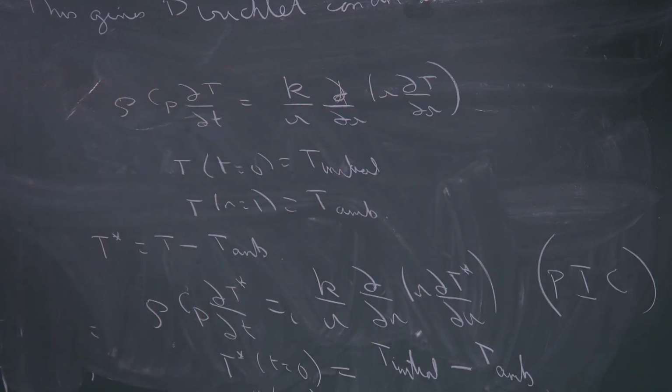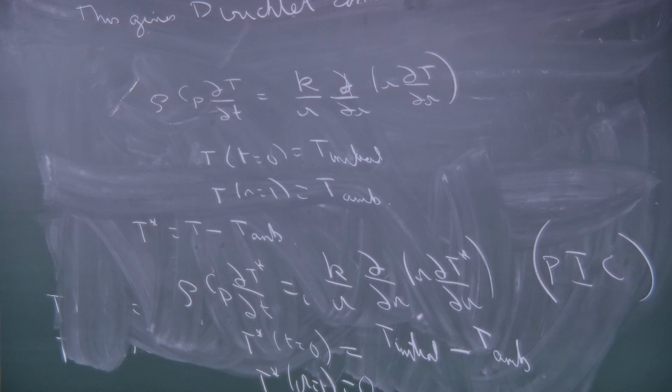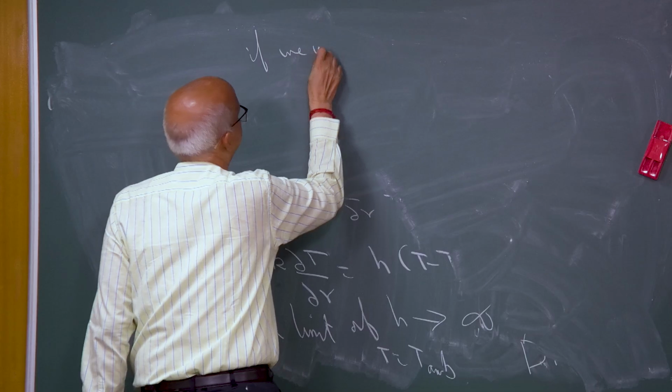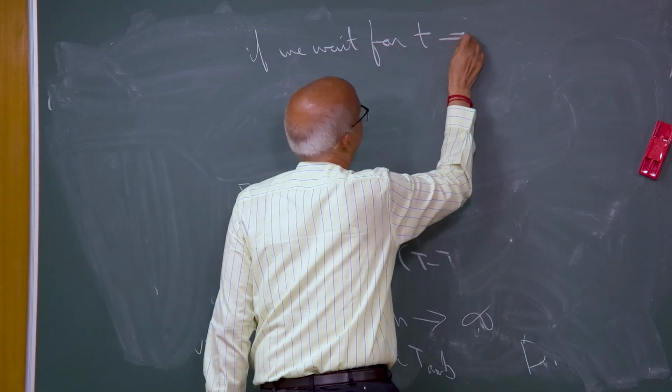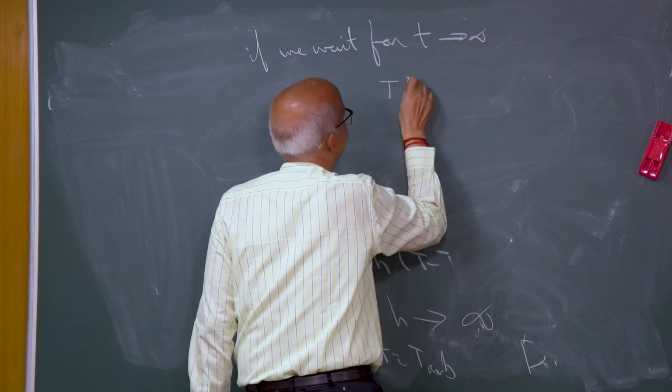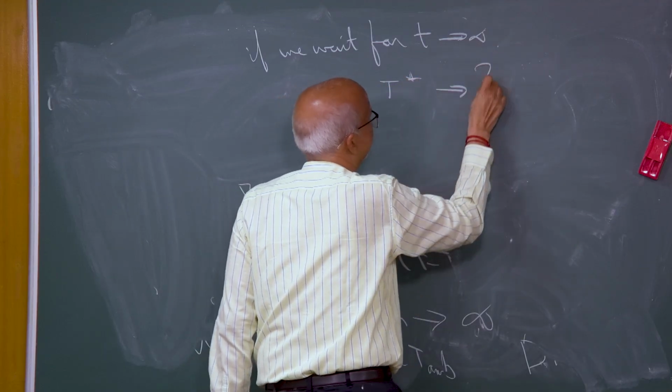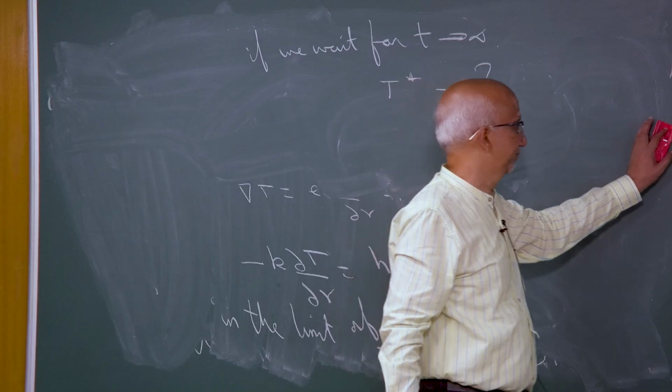So now you know how to solve it. But my question to you is, what do you think is going to happen to T star? What will T star be if we wait for t to go to infinity? What will T star tend to? That is the question.